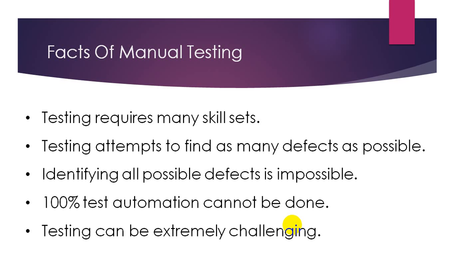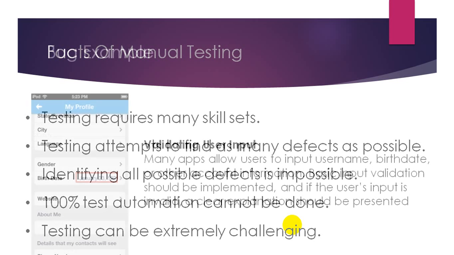Since 100% automation cannot be done, manual testing is also an important part. Fifth, testing can be extremely challenging, so you have to think out of the box and verify all kinds of typical scenarios in a functional way.